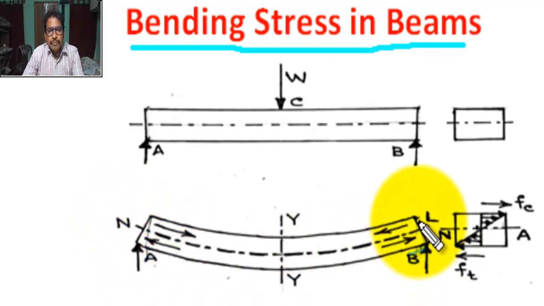Above the neutral layer, there is compressive stress. In side view, the compressive stress gradually increases. The topmost layer has the highest compressive stress, and below the neutral axis or neutral layer, the tensile stress gradually increases.